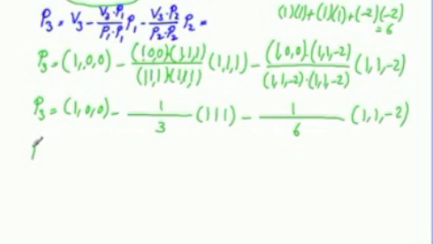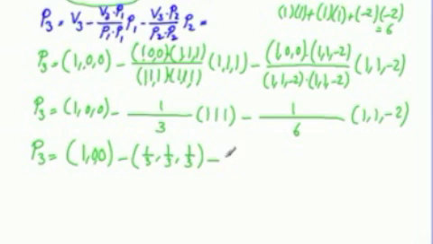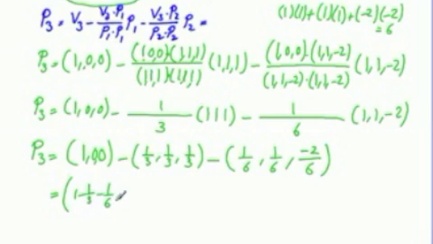So P3 is 1, 0, 0 minus 1/3, 1/3, 1/3 minus 1/6, 1/6, minus 2/6, let me just write it, minus 2/6. So I take 1 minus 1/3 minus 1/6. Second component 0 minus 1/3 minus 1/6.